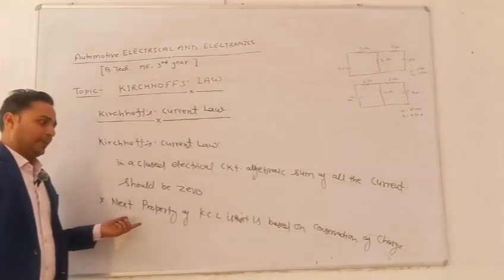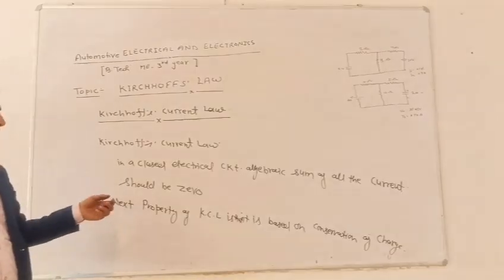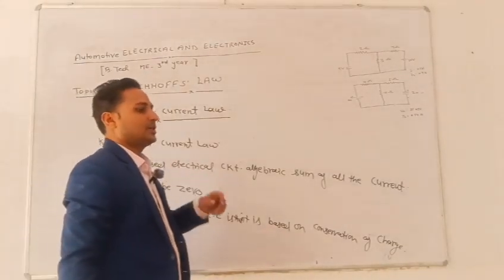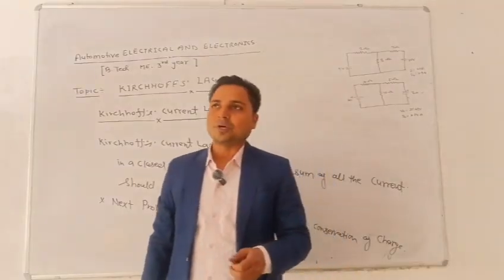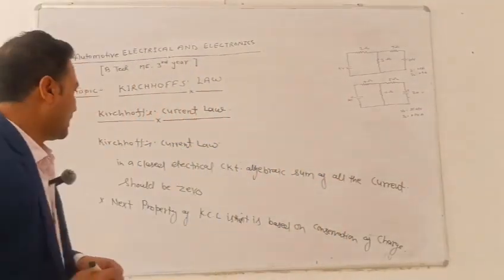So KCL is based on the principle of conservation of charge. On the other hand, voltage law KVL is based on the conservation of energy.